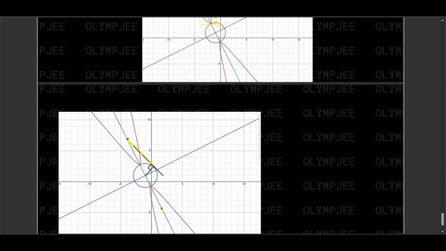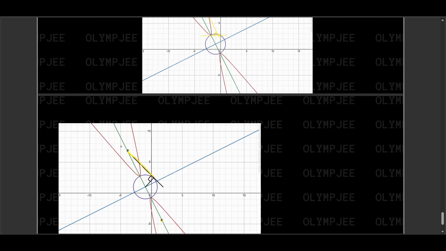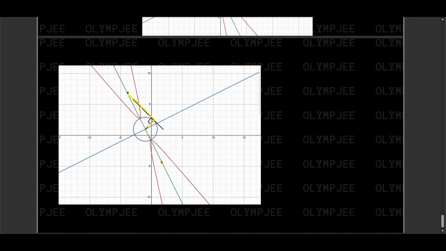We don't need to find the point of intersection, because we know the radius, and if we find this distance, then we can directly write the length of this using Pythagoras. Let us find what the coordinate of the focus will be in the new standard coordinate system.